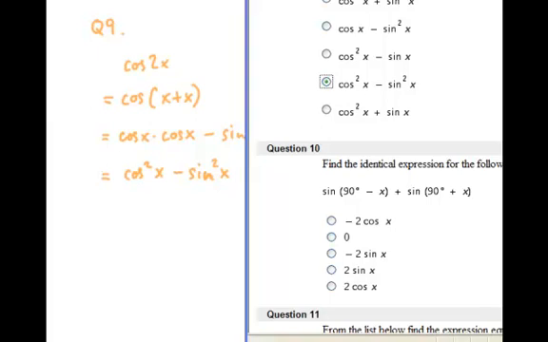Okay, question 10, which says that I'm supposed to express this one, sine of 90 degrees minus x plus sine of 90 degrees plus x equals. So for these ones I'm going to use two sum and difference formulas.